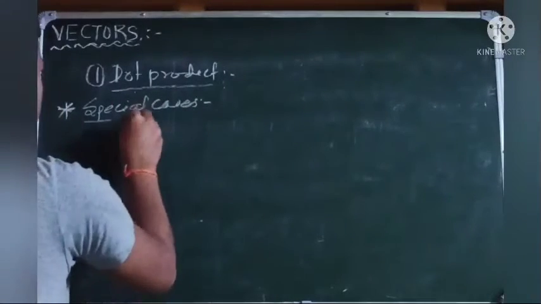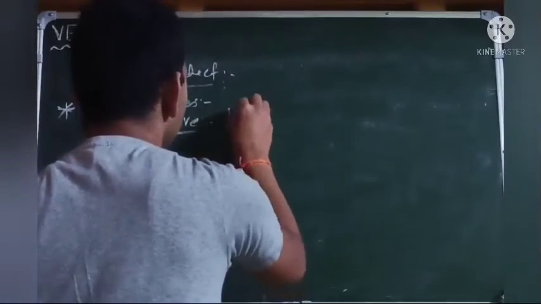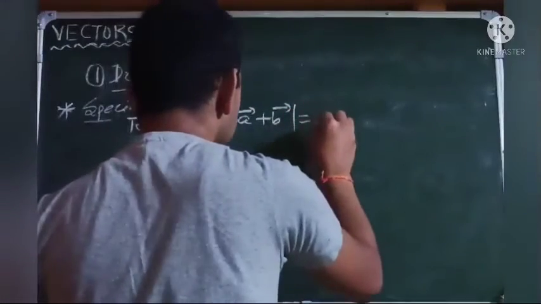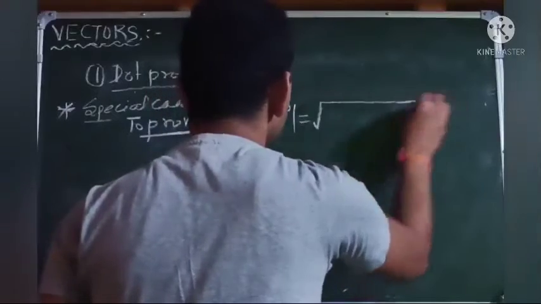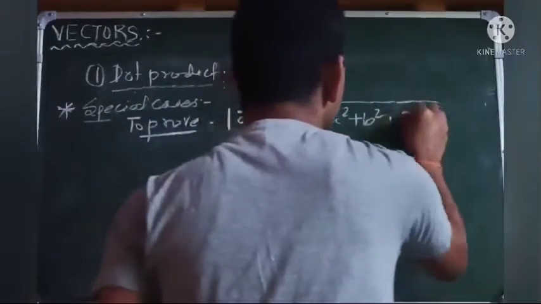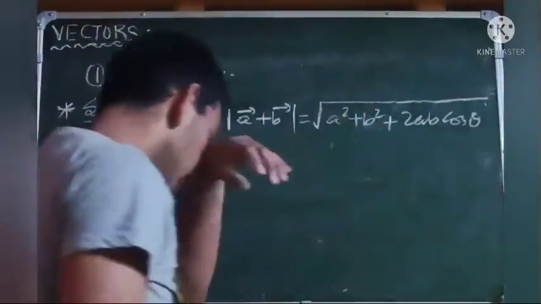Suppose we have to prove magnitude of a vector plus b vector is equal to root under a square plus b square plus 2ab cos of the angle between the two vectors, which is theta.